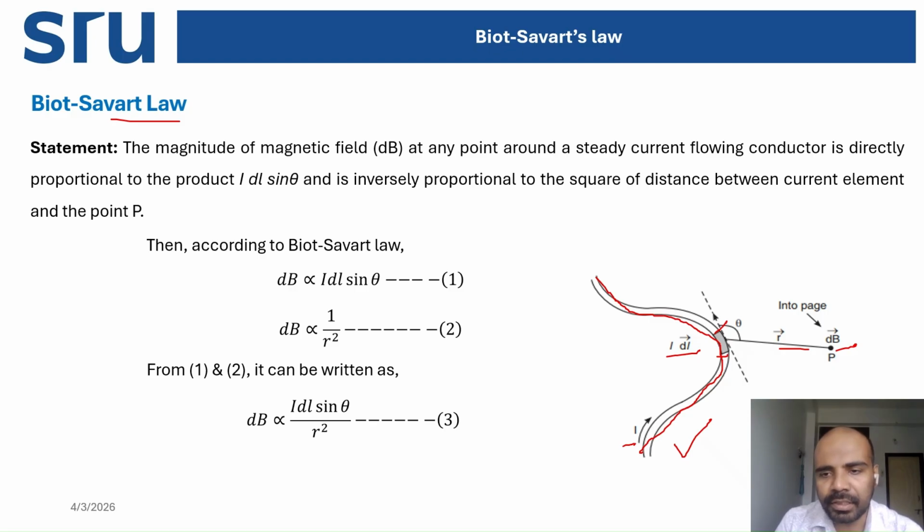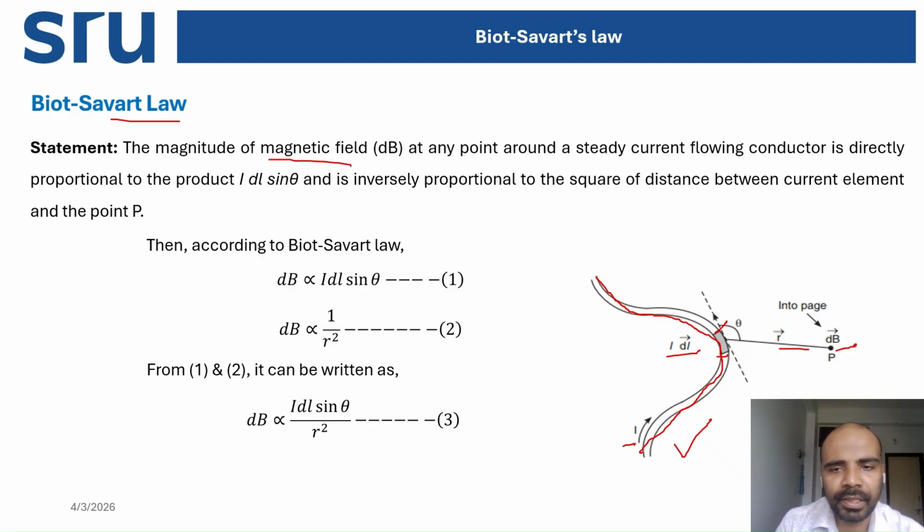That is the distance between the current element I dl, which is a small portion of this current carrying wire, and the field point P where we need to calculate the magnetic field B, right?